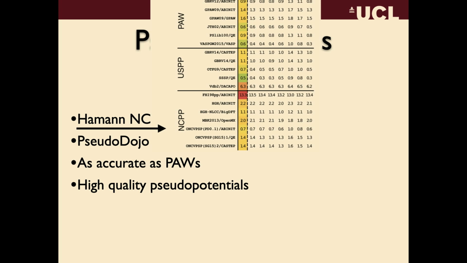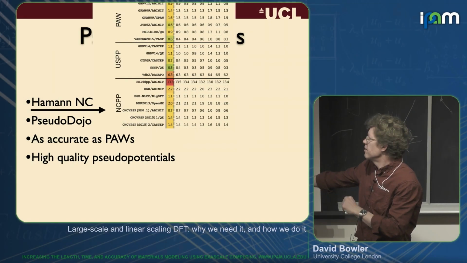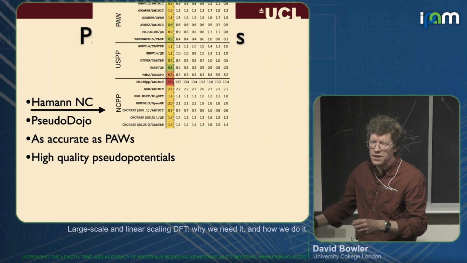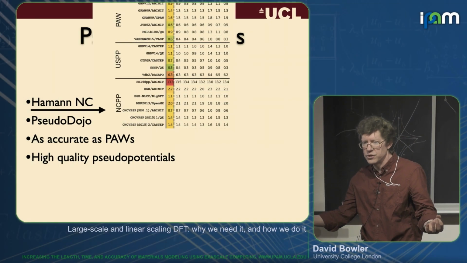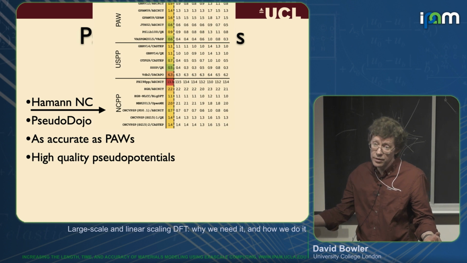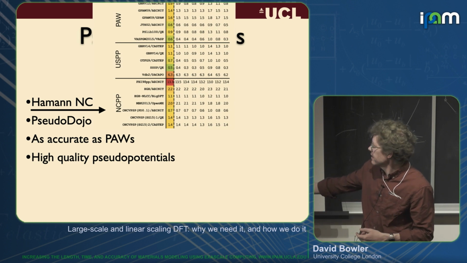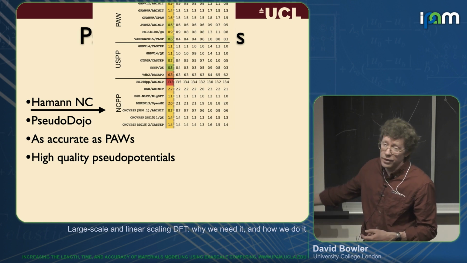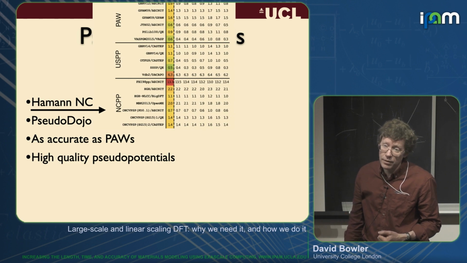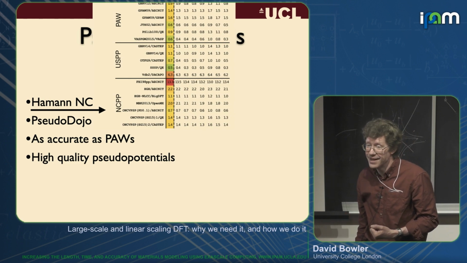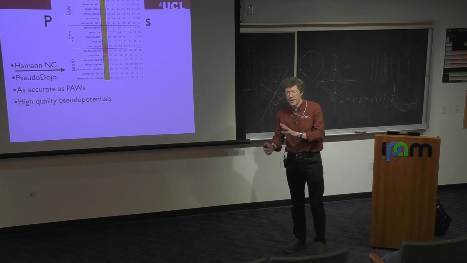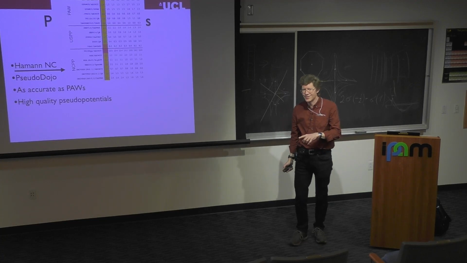So ONCV-PSP is the background philosophy and the code. And then the PseudoDojo versus the SG15 is the library of pseudopotentials that people have published. So basically the PseudoDojo is a bit more accurate than the SG15. Quite a bit more accurate, yeah. But I don't have any insight into why that is.